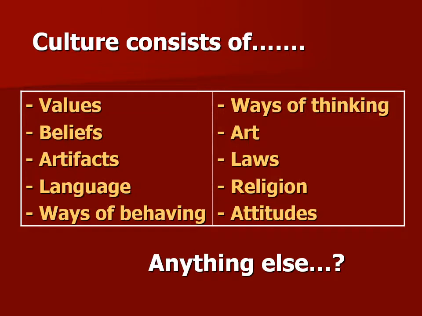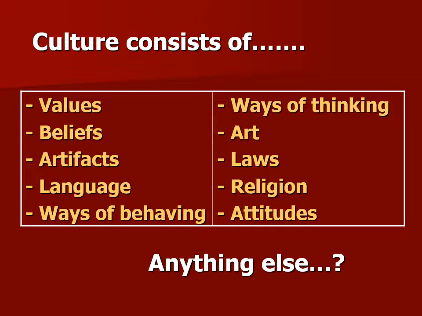There are a lot of elements of life that fall into the category of culture. Our culture teaches us beliefs, how we should believe, what we should believe, ways of thinking, the laws that are part of a society, language, ways of behaving, attitudes, artifacts.